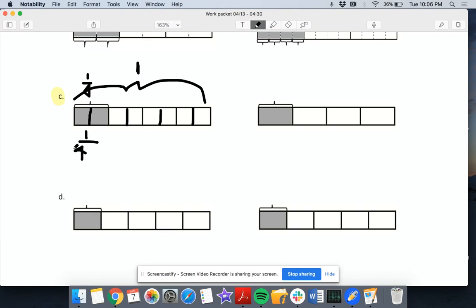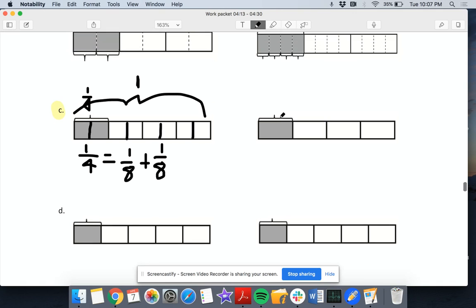So instead of 1/4 is equal to just 1/4, we could say that 1/4 is equal to what would be our new unit fractions? 1, 2, 3, 4, 5, 6, 7, 8. 1/4 is equal to 1/8 plus 1/8. These are my new unit fractions because I just divided down the middle amongst each box.